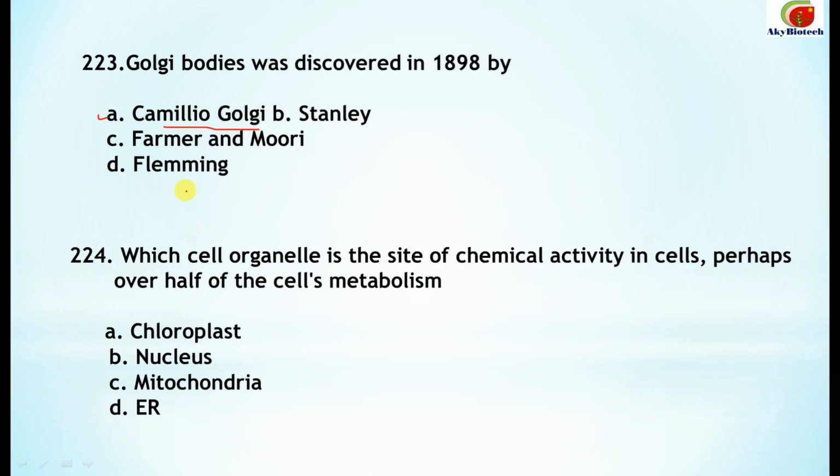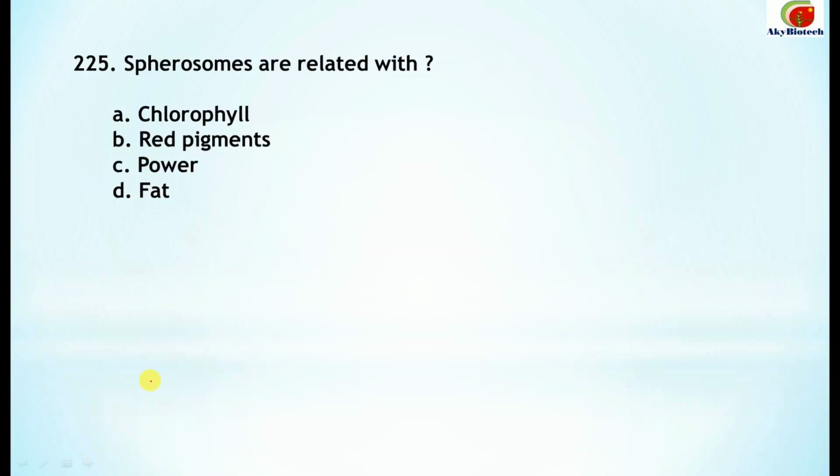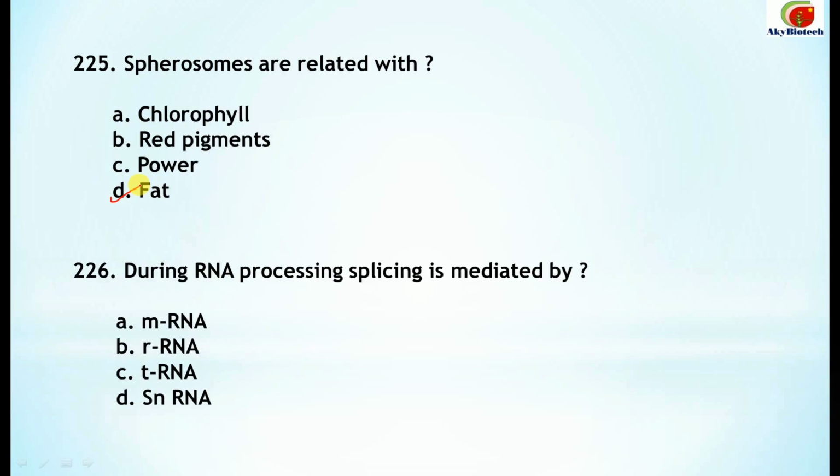The correct answer is the mitochondria. Number 225. Spherosomes are related with fat. D part is the correct one. Number 226. During RNA processing, splicing is mediated by snRNAs, that is small nuclear RNA. This one is the correct one.